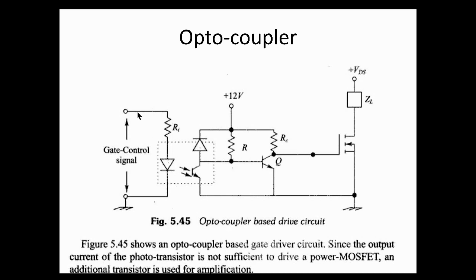So here you can see you have your light emitting diode. Maybe you get typically about 5 volts from your microcontroller. You would need to include some kind of limiting resistor so as to protect the light emitting diode here. So you can use the specification that is given on your opto-isolator.